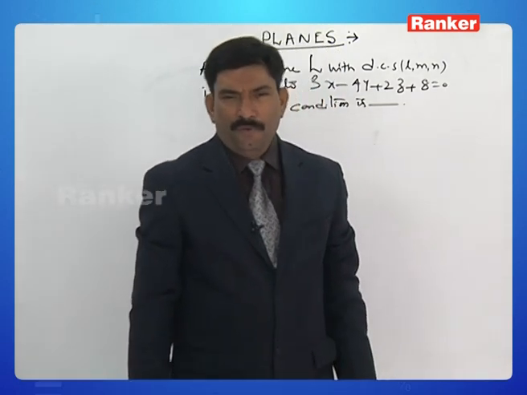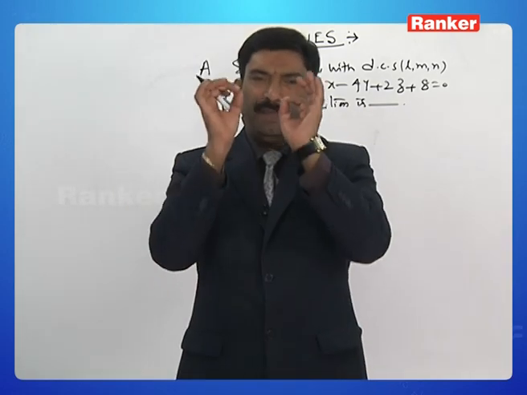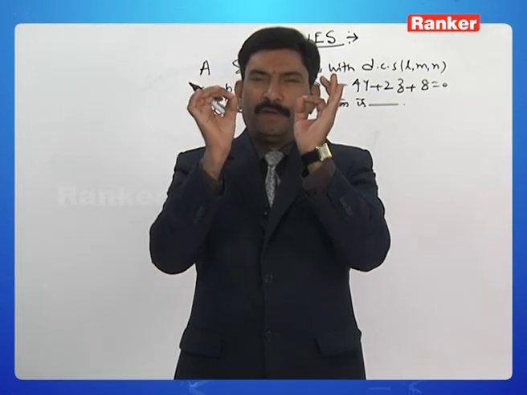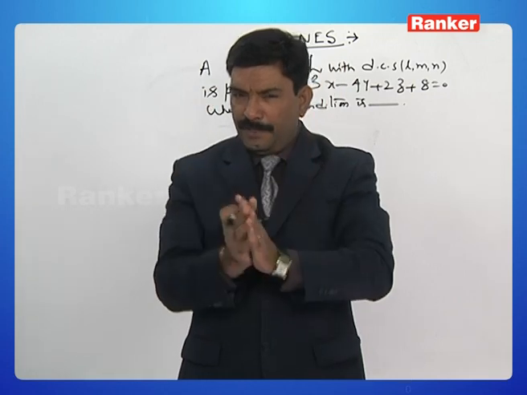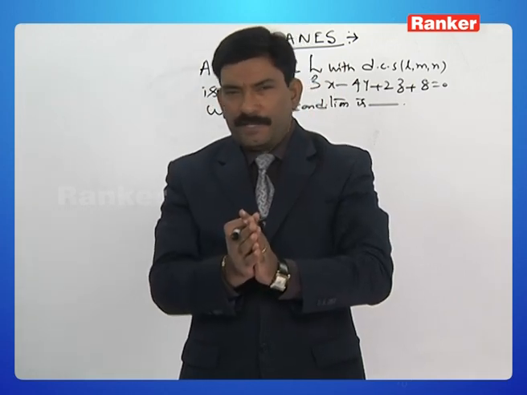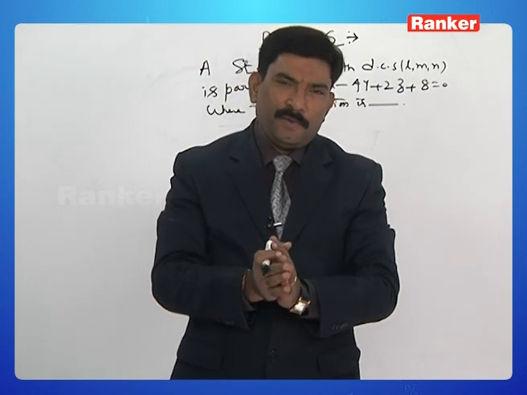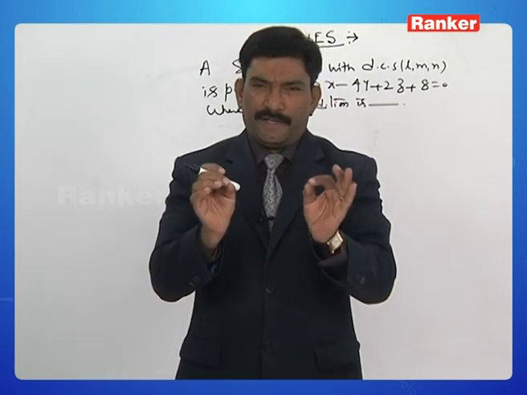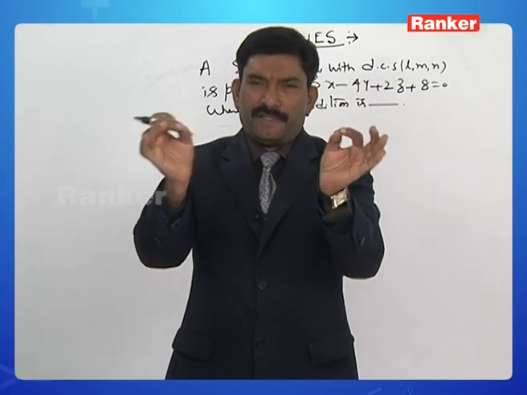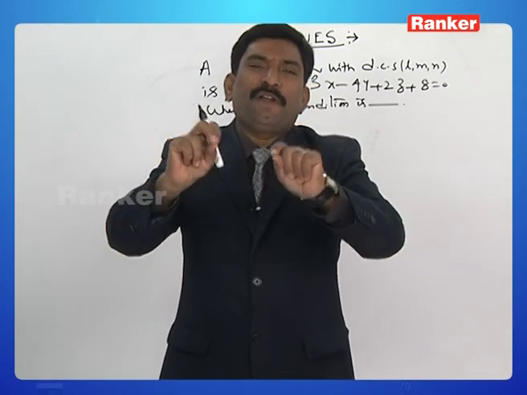So, ax plus by plus cz plus d equals 0 represents what? The equation of a plane in general form, where a, b, c are the DRs of a normal.